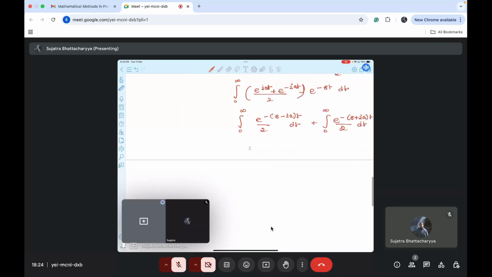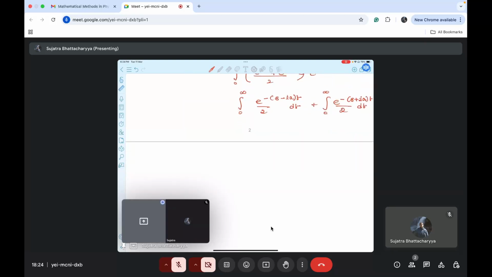These are the two things which we get. And we know we have solved this integral a lot more times. So half, it comes out to be 1 upon s minus iota a. So whatever is there here, that will just come down. So this is plus 1 upon s plus iota a.